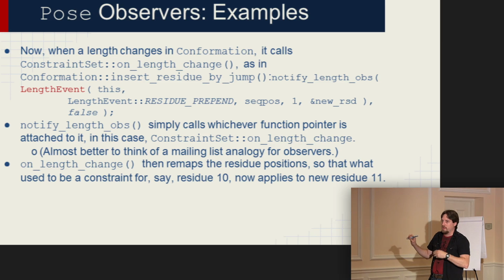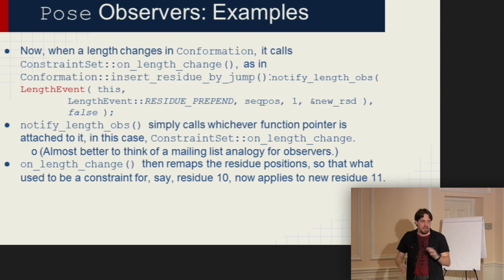And I was told that when I call constraint set, I need to run constraint set's on length change function because it was given the function pointer. So it does constraint set on length change. A better way to think about this is not so much that constraint set is observing the pose, but that constraint set signed up for a mailing list from pose. So whenever pose does a certain thing, it calls up constraint set and says, hey, it's time for you to do an on length change function. That's kind of how it works.